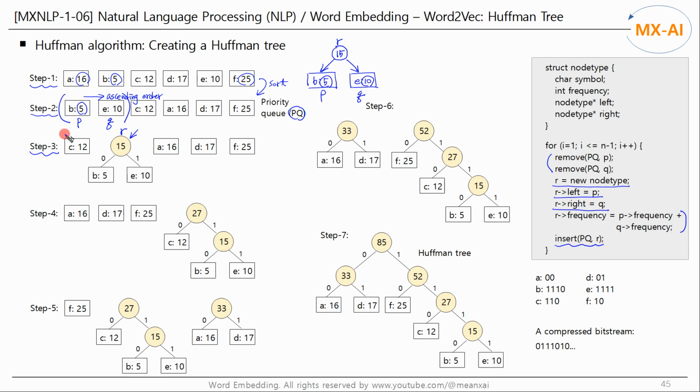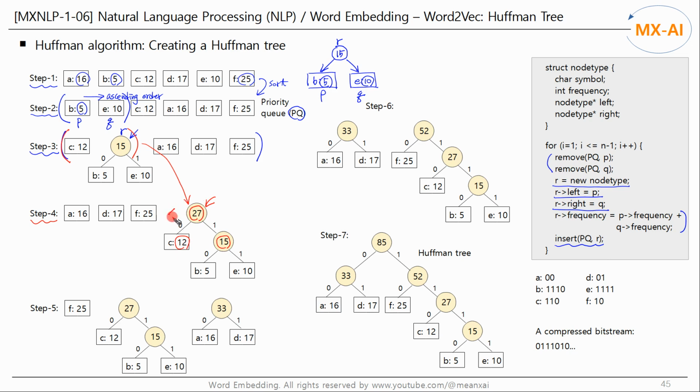Then the priority queue becomes like this. In the next step, remove these two nodes and combine them as we did in the previous step. And then insert this new node back into the priority queue. The frequency of this node is 27, which is 12 plus 15.